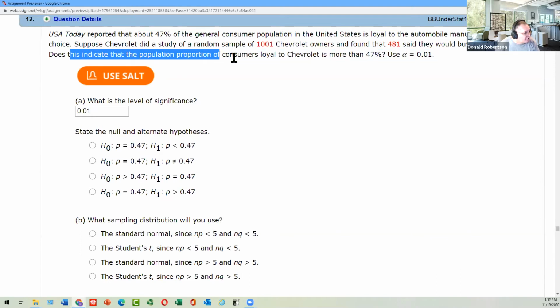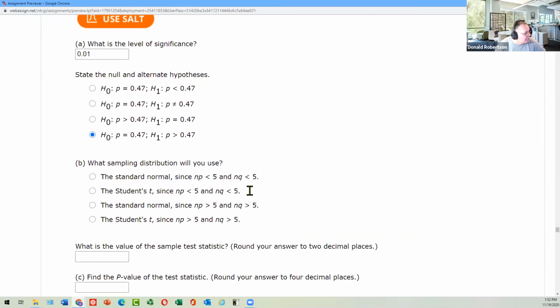Does this indicate that the population is more than 47%? I guess that's saying, are Chevy owners even more loyal to their brand than the general population is? Now, more than 47 makes you that guy. And we are going to pick the standard normal where everybody's bigger than 5.